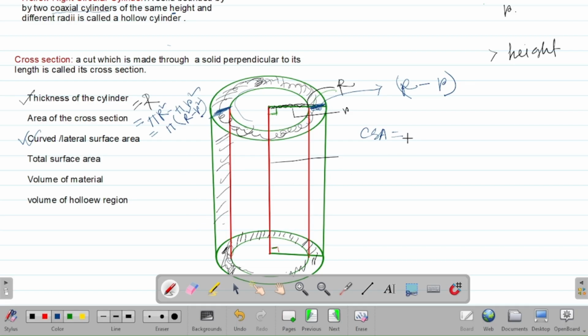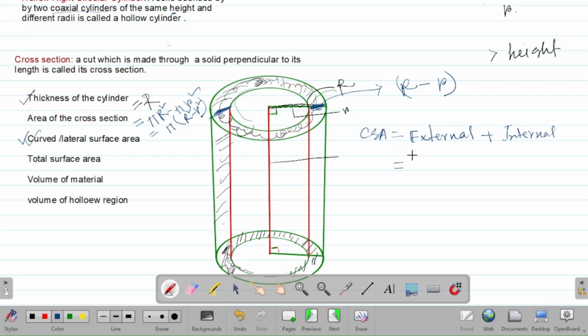That's why the curved surface area, CSA, would be the external plus the internal curved surface area.